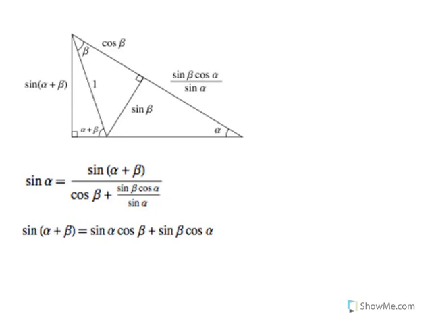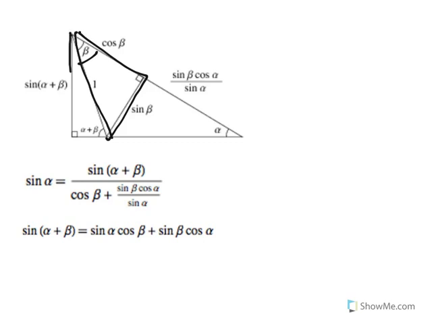And here is yet another proof without words. It's very similar. Basically, they started with this triangle here with hypotenuse of 1 and angle beta.